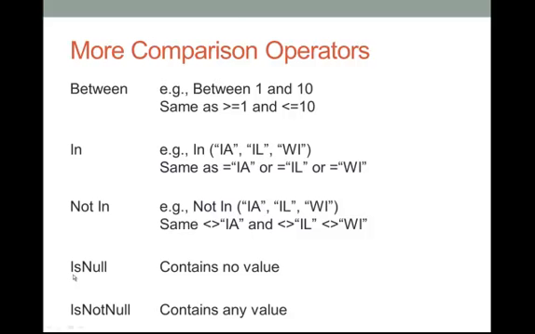Another keyword you might see sometimes is null. That means that it contains no value. And the opposite of that would be is not null, which means it contains any value. So these are criteria, comparison operators that you're going to see in your criteria in Access queries on a very regular basis.